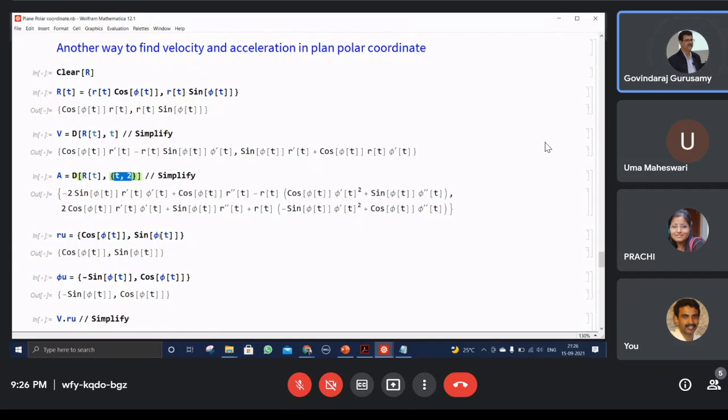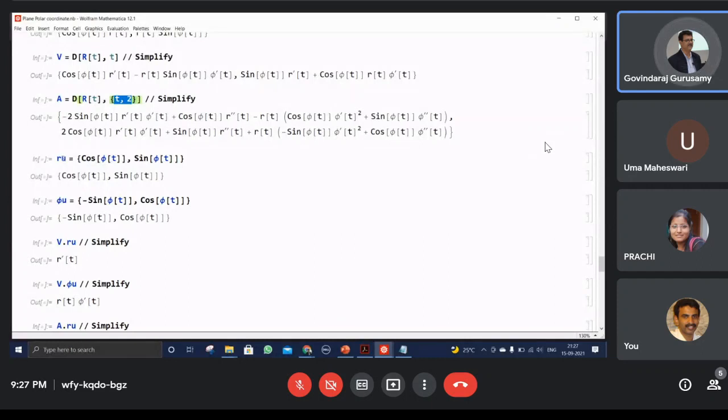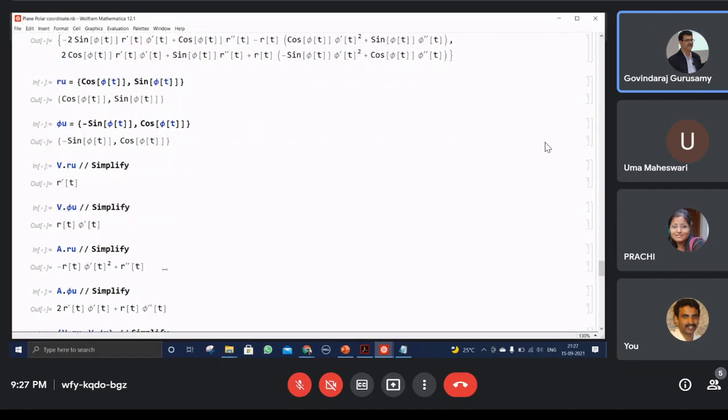So now you know the unit vectors in terms of phi of t, in terms of cos and sine, because this is an r vector which you write with x and y, and we have cos phi, sine phi, which is a function of time. This is your r unit vector, and this is your phi unit vector, which we have already seen, connecting the x and y caps with the r unit and phi unit. I have written the same thing. I have not done anything great here. This is your unit vector. Now, if I take the dot product of v with the r unit vector, I'll get r prime of t.